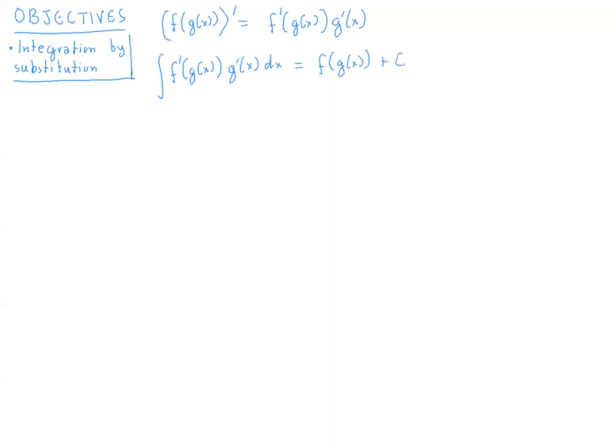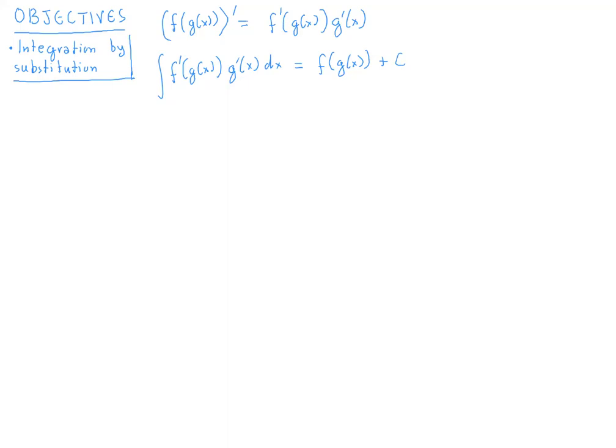Now, as we're going to see, methods of integration in general do not give us a direct answer for any particular integral. They just give us some other integral that hopefully is going to be simpler than the original one.